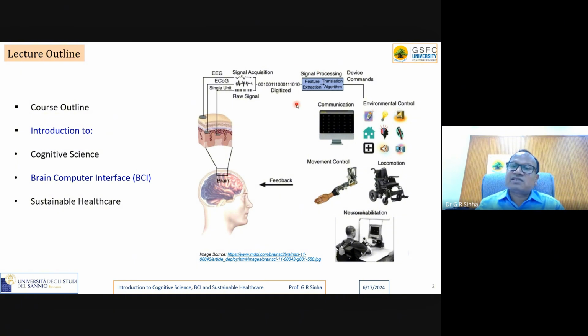So what does it do? It extracts the features, and those features will be translated, because we are saying it as a brain computer interface. Remember, what is the job of the brain computer interface? It has to either generate some commands to drive the robot, to drive some assistive devices, or to provide some neuro rehabilitation techniques to the patients.